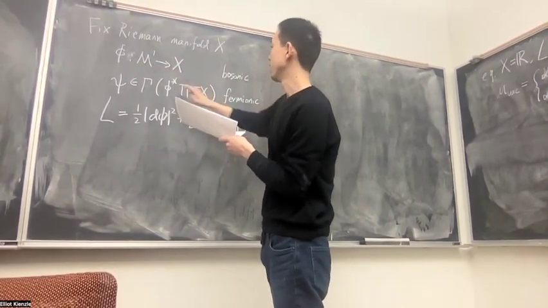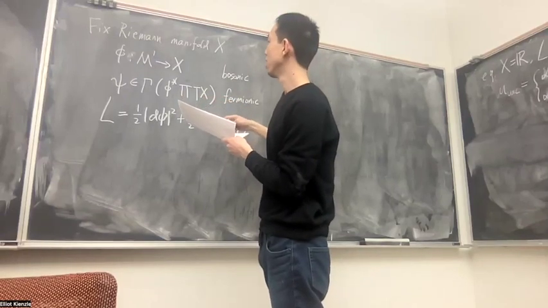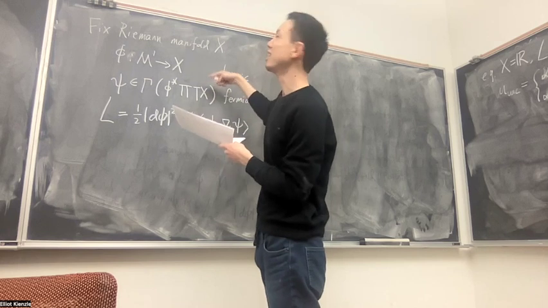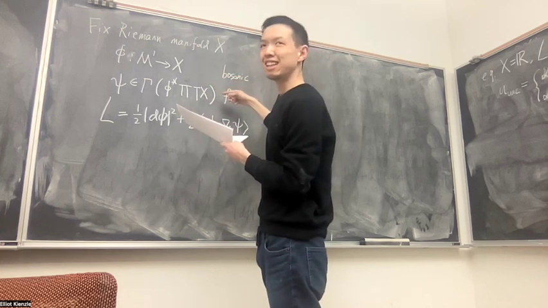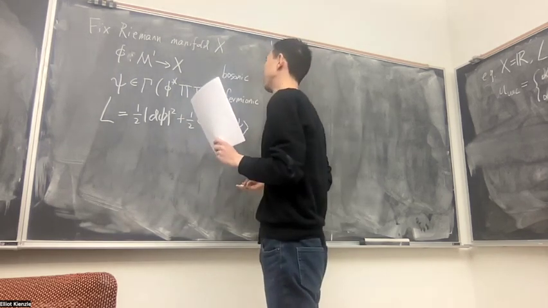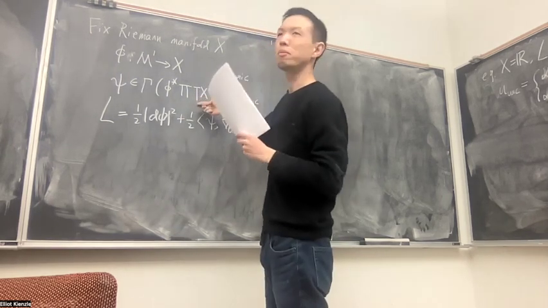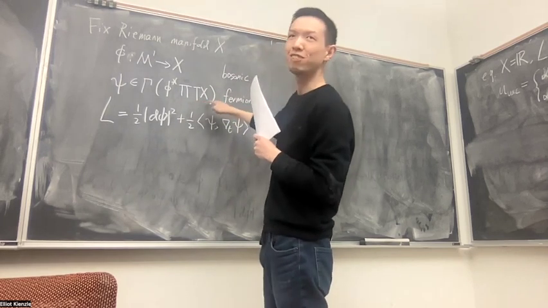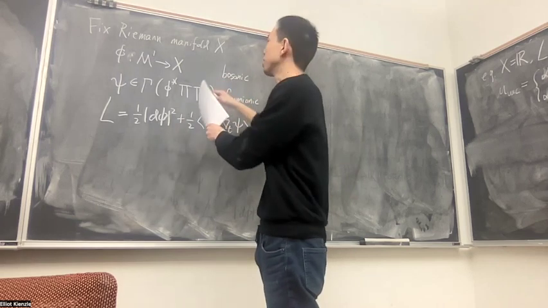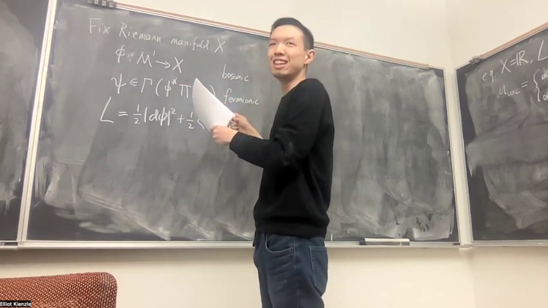Okay, and it's a vector bundle whose dimension is the same as X. Yeah, so the dimension of the bundle is the dimension of X, but you want to take a section of that bundle.